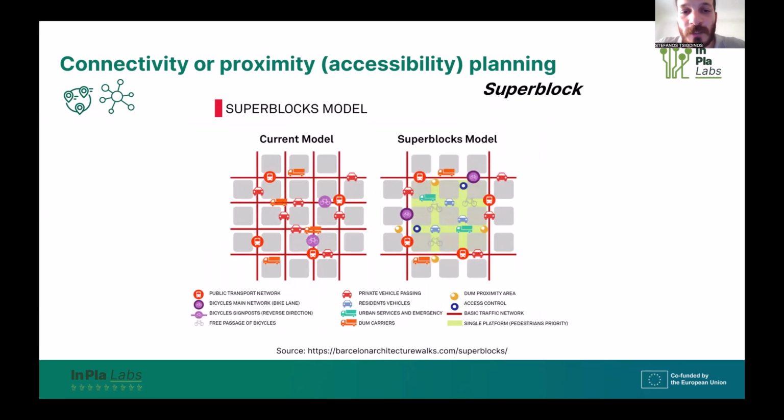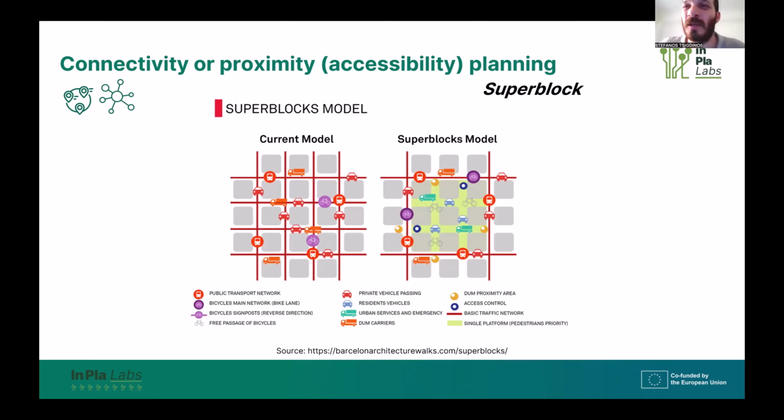So, and this is a very, very important example of connectivity and proximity planning together. We saw superblocks and the successful example that they are from Dionysia in a very detailed way, and it's an integrated way of thinking because we can engage people because it's their neighborhood.